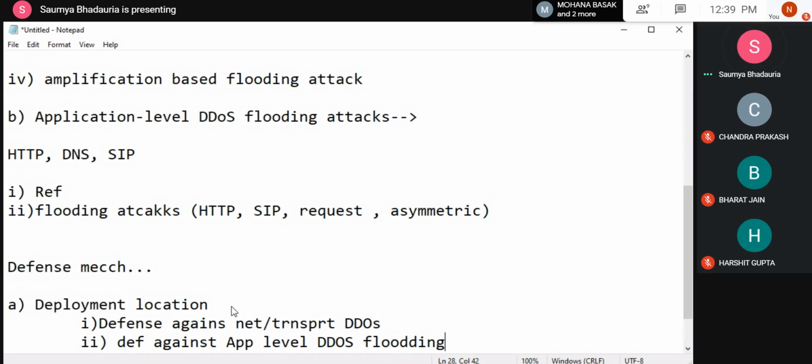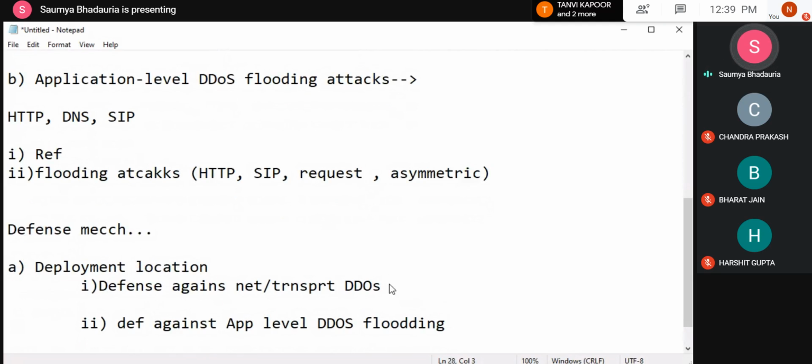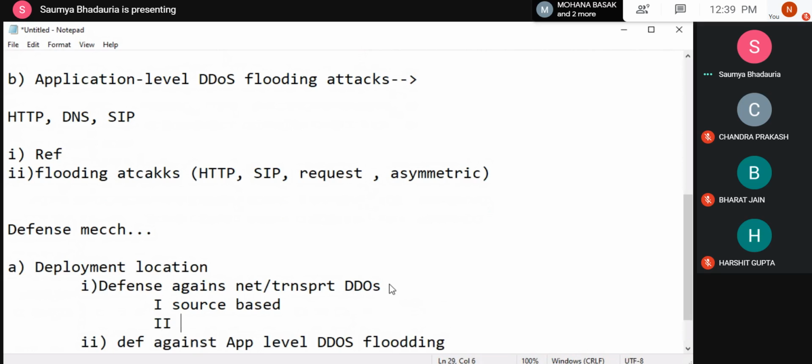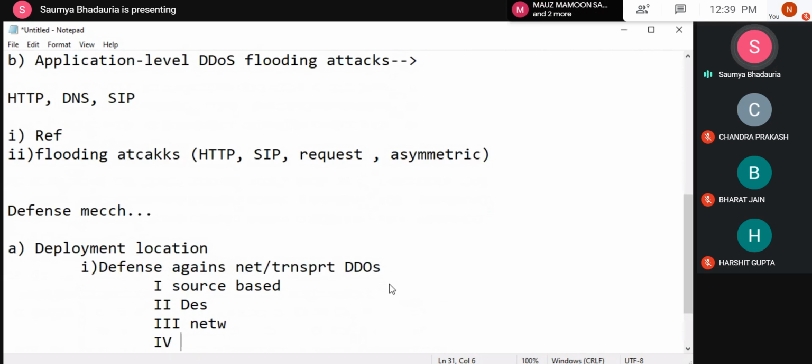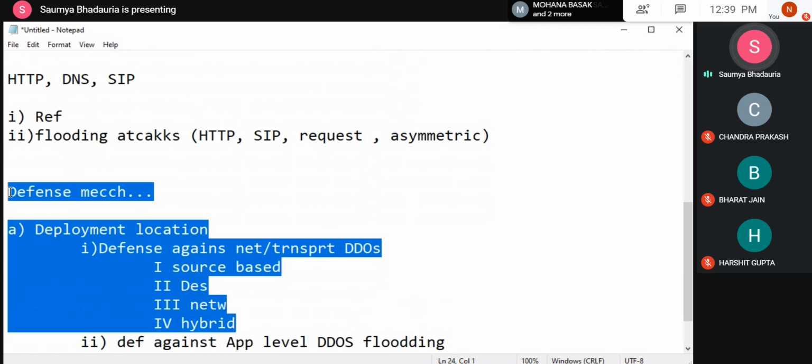Here, if I want a classification, this can have source based, destination based, network, and a hybrid. This is clear. If I want it on the basis of deployment location, I can have these four categories.